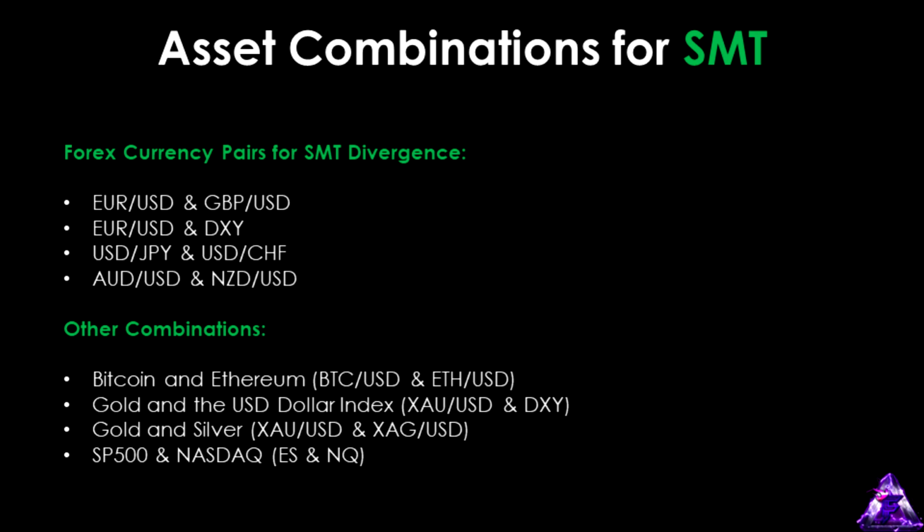You can also consider USD versus JPY and USD versus CHF, or AUD versus US dollar and NZD versus USD, as they are closely correlated. For example, using the euro versus the US dollar and the Great British Pound, a symmetrical market condition occurs when both pairs make higher highs and higher lows.